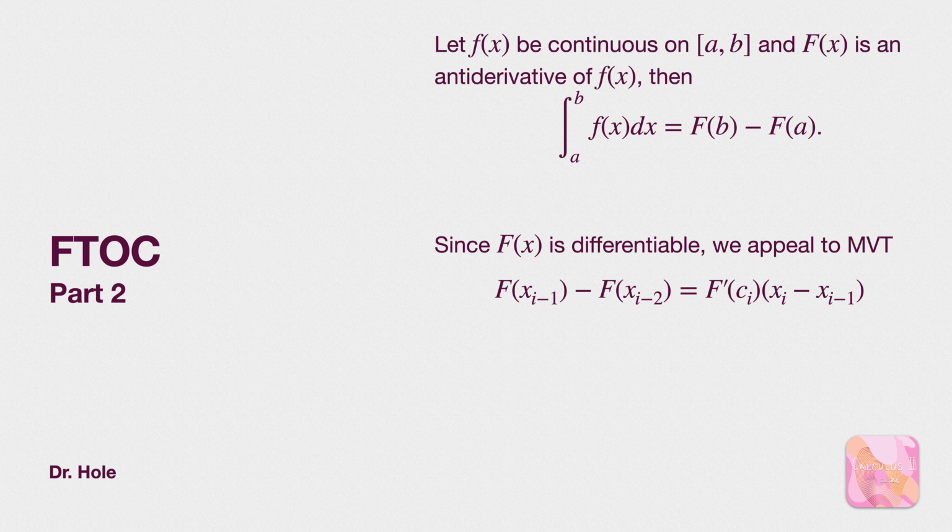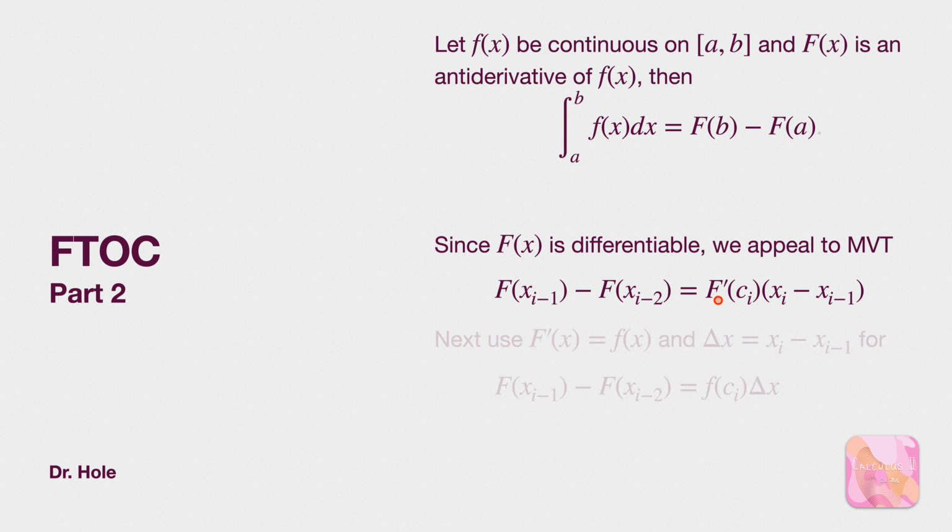Very good. Now remember, we're doing the proof of FTOC Part 2, and we know that capital F is the antiderivative of little f. Let's go ahead and use that.